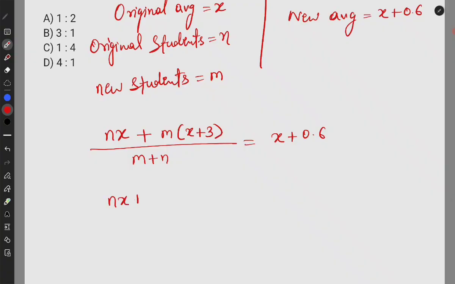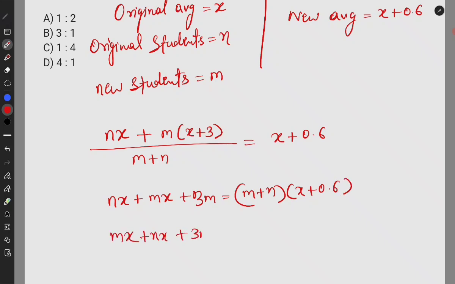So nx plus m times (x plus 3) equals (m plus n) times (x plus 0.6). mx plus nx plus 3m equals mx plus 0.6m plus nx plus 0.6n.